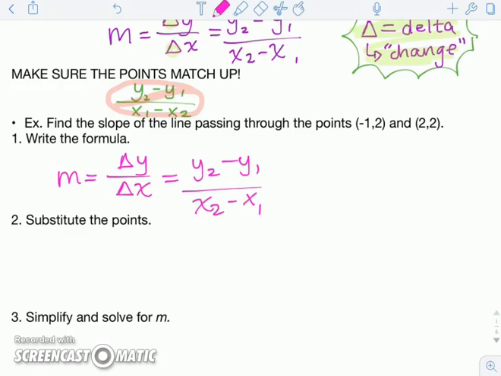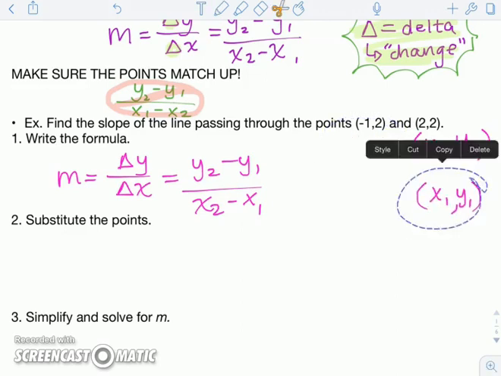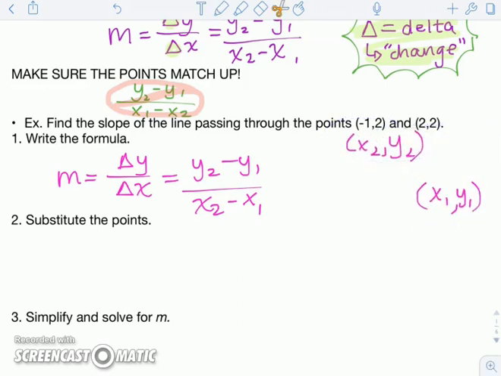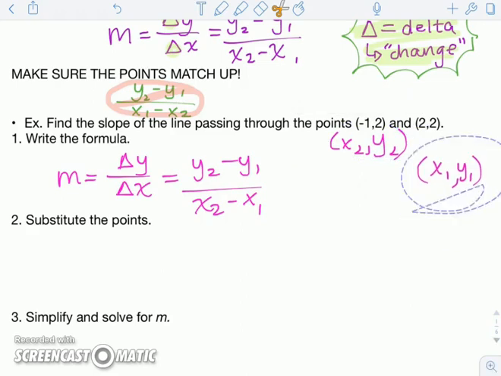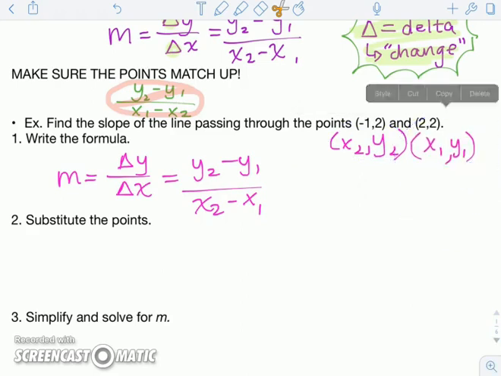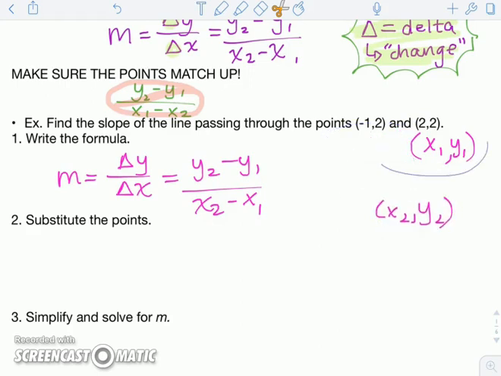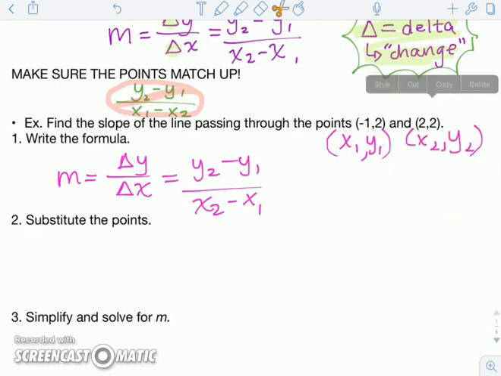Just a refresher for myself, this is x1, this is y1, and this is x2, this is y2. I could swap these around, so this could be point 2 and this could be point 1, and I'd still get the same answer as long as I'm consistent in setting it up. I'm going to move these back just for the sake of the first point that showed up and the second point that showed up.